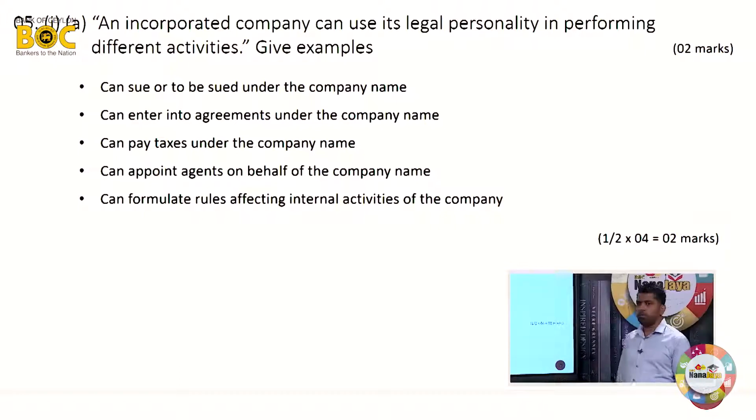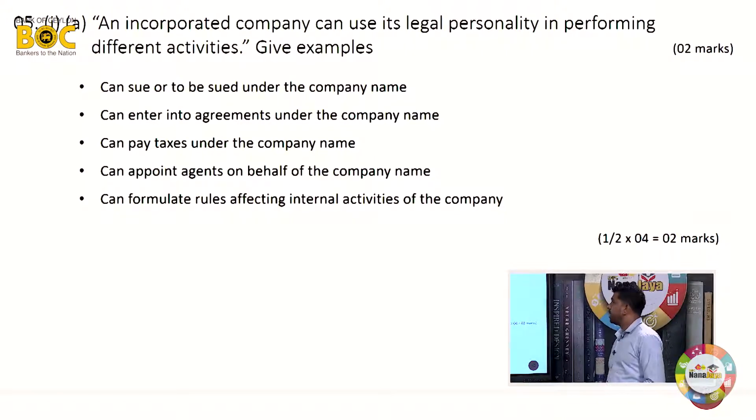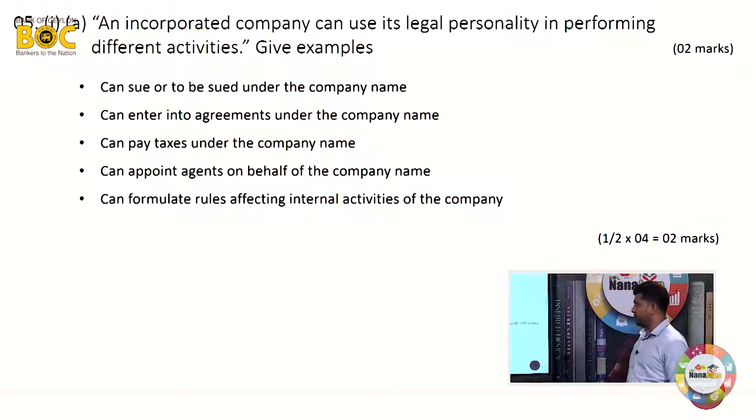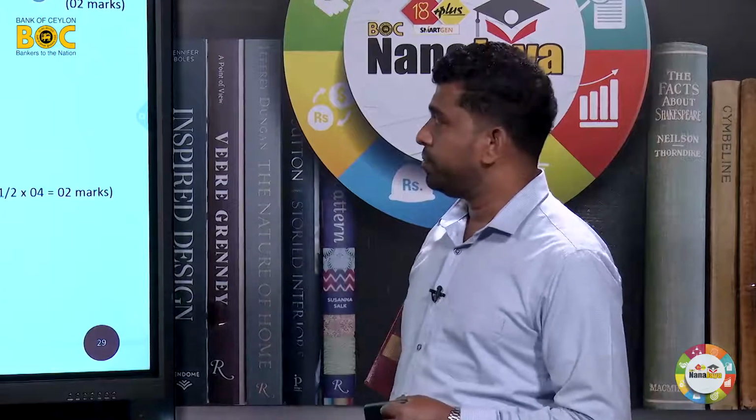Question number 5, Roman number 1A. An incorporated company can use its legal personality in performing different activities. Give examples. That means a company can use its name in different events. These are the examples. Can sue or be sued under the company name.